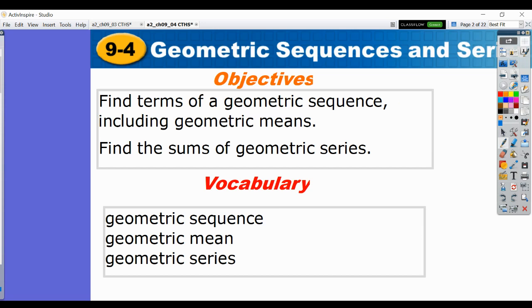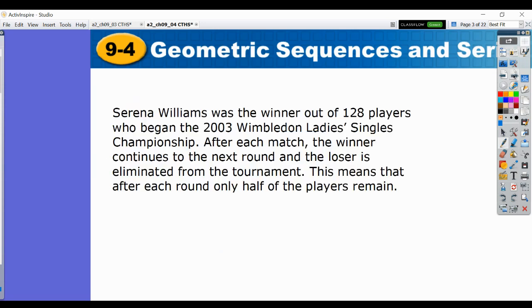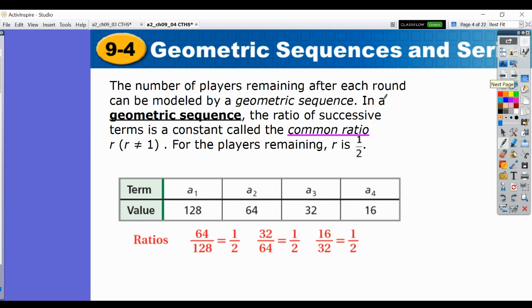So let's look at what a geometric sequence looks like. Here's an example. Serena Williams was the winner out of 128 players who began the 2003 Wimbledon Ladies Singles Tennis, by the way, championship. After each match, the winner continues to the next round and the loser is eliminated. So this is a single elimination tournament. If you've ever been in one for sports, you know what I'm talking about.